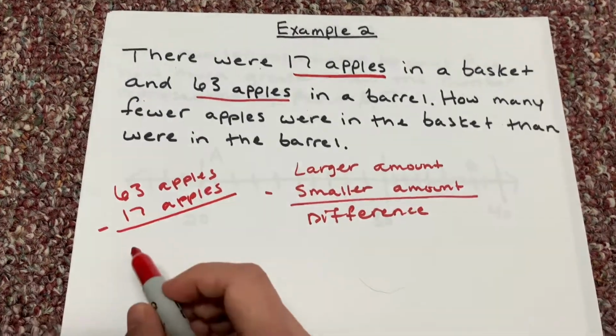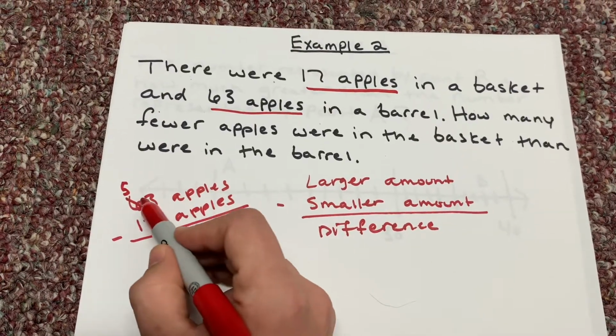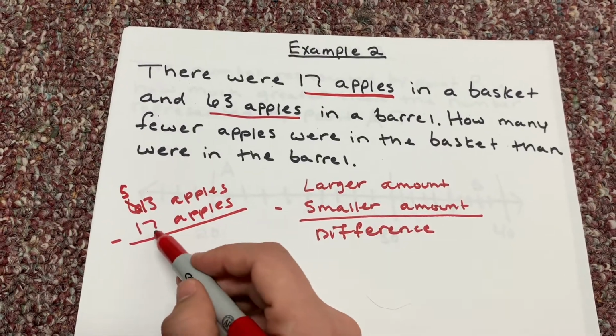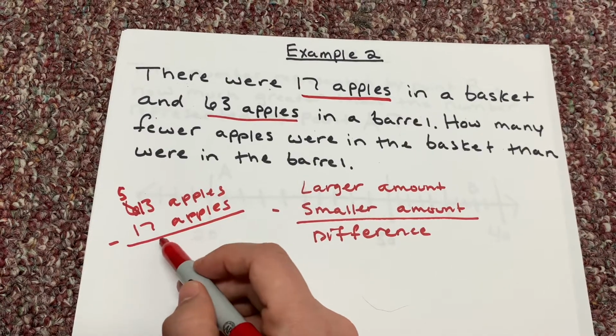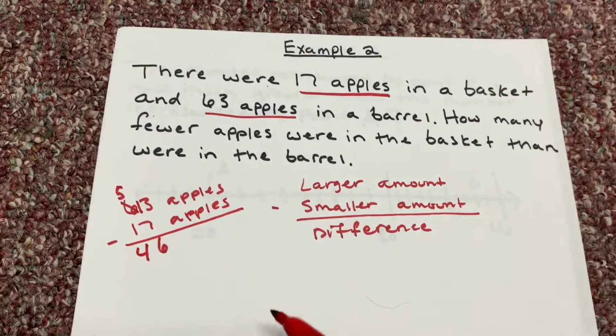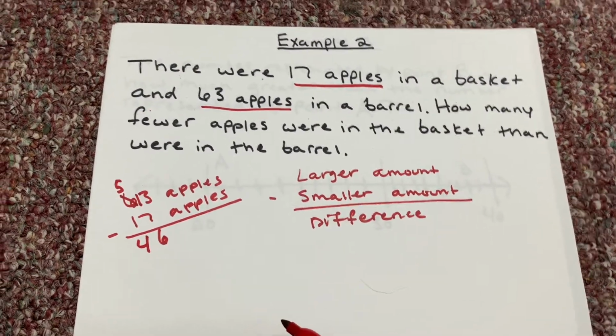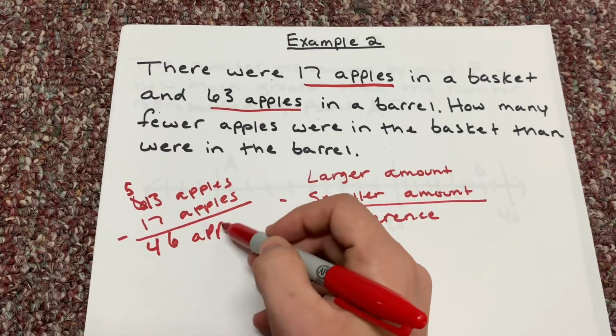Again, I'm going to go ahead and borrow. This becomes 5. Borrow from the tens, get 13. Take 7 from 13, I get 6. Take 1 from 5, I get 46. So, I forgot my label, apples.